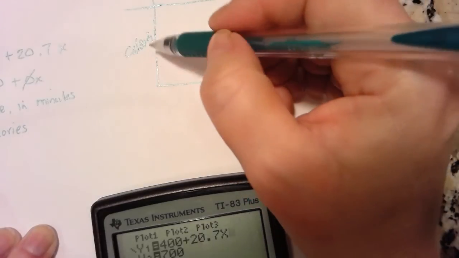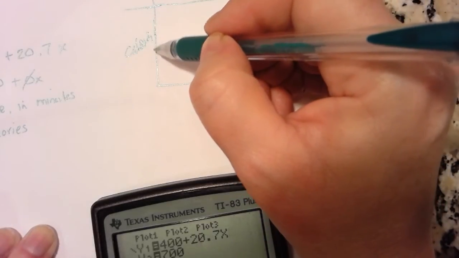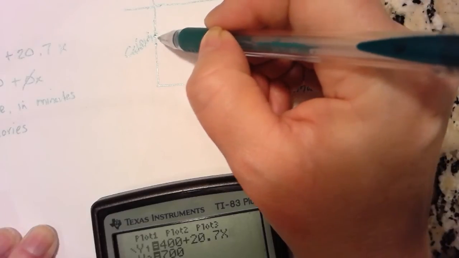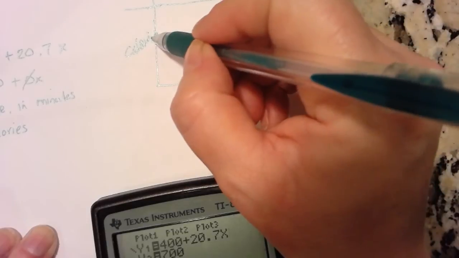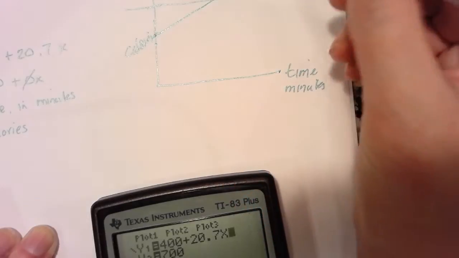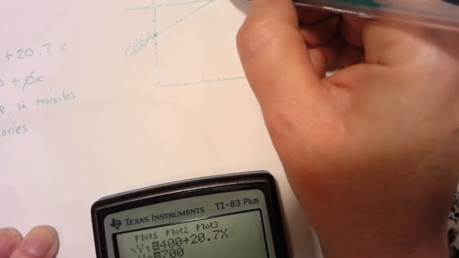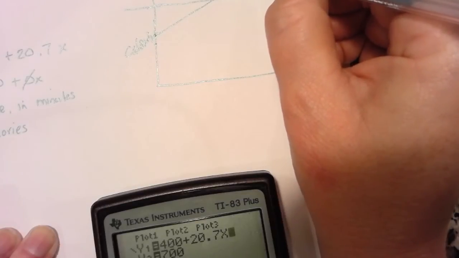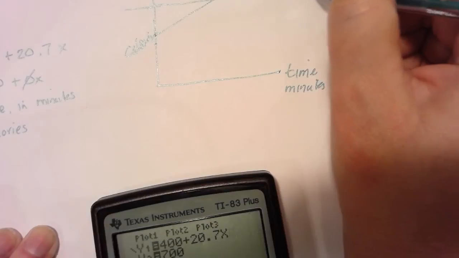Before he's even started the workout, he's at 400, which would be about right there. And he's going to burn so many calories a minute. So this will be his 400 plus 20.7x, and this will be 700.